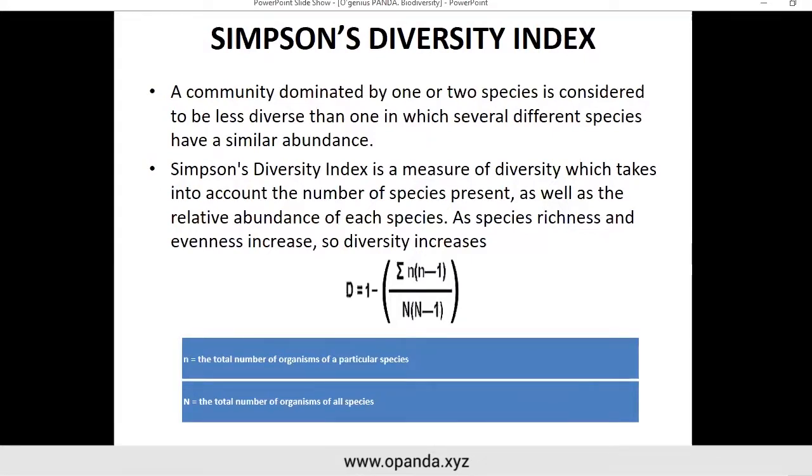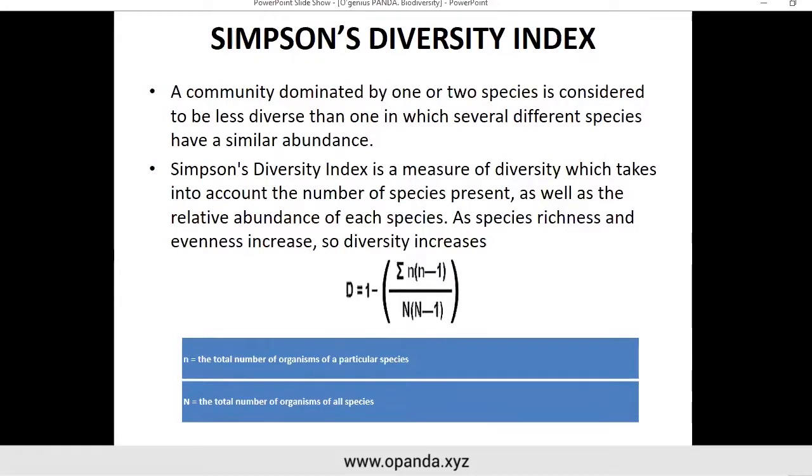It takes into account the number of species present as well as the relative abundance of each species. As species richness and evenness increase, diversity increases. Here we are going to understand the two terms, richness and evenness.